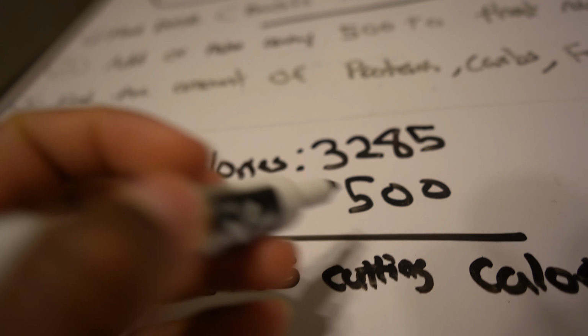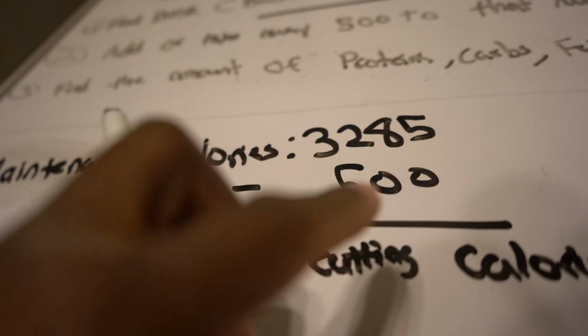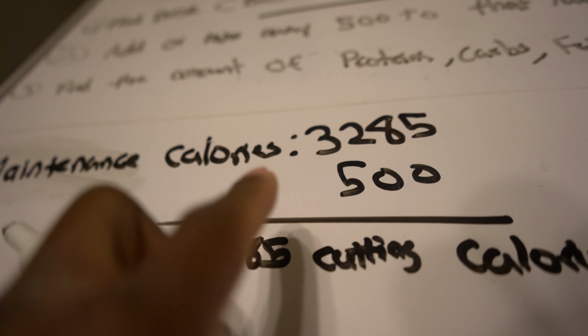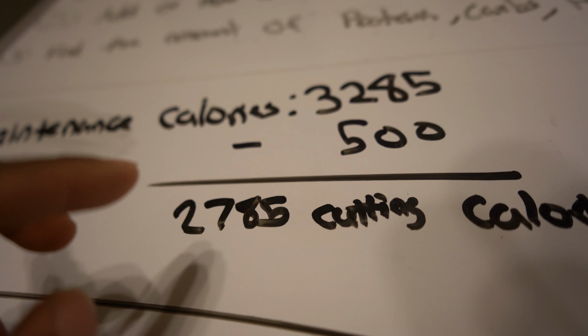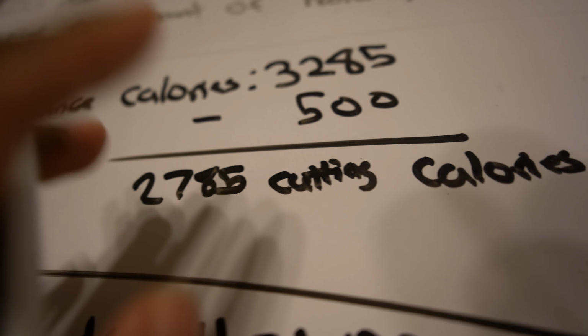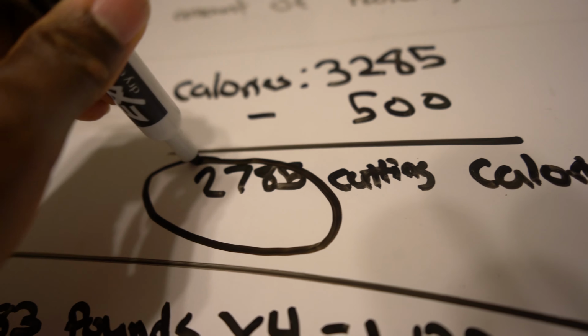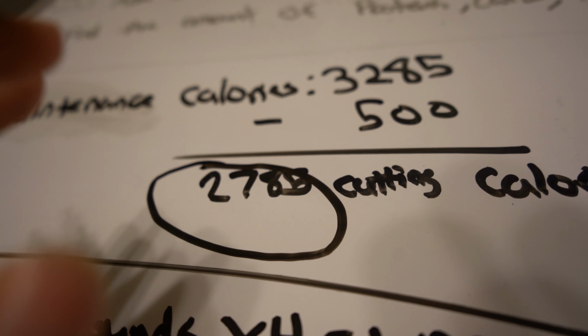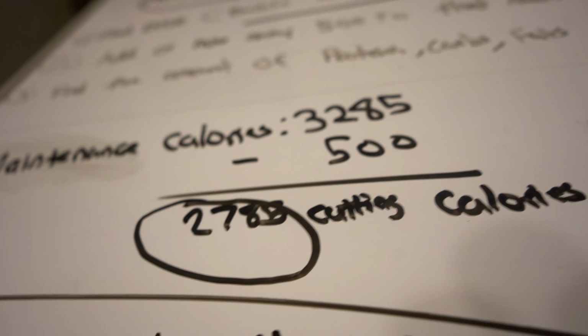Since he's cutting, he's going to need fewer than his maintenance calories to actually burn fat. So we're going to take away 500 calories from that, and his new calories for cutting are going to be 2,785. All right, so you have this number. This will be the number that you plug into MyFitnessPal to make sure that you're tracking and making progress every week.